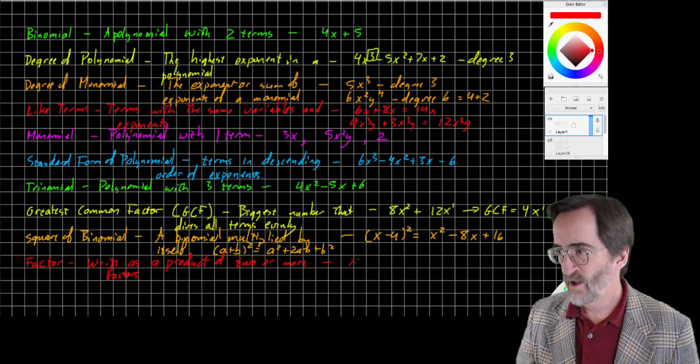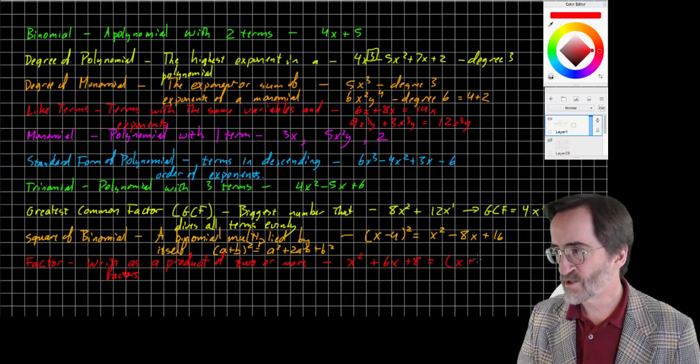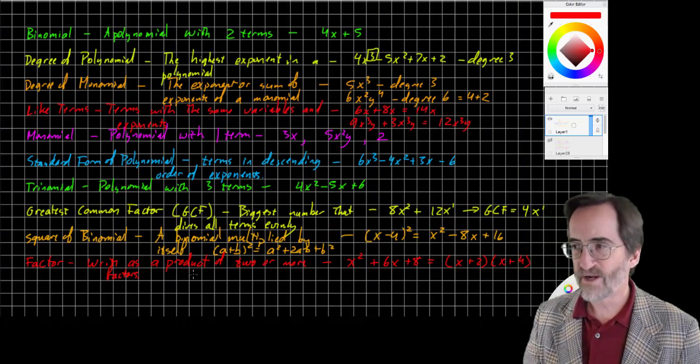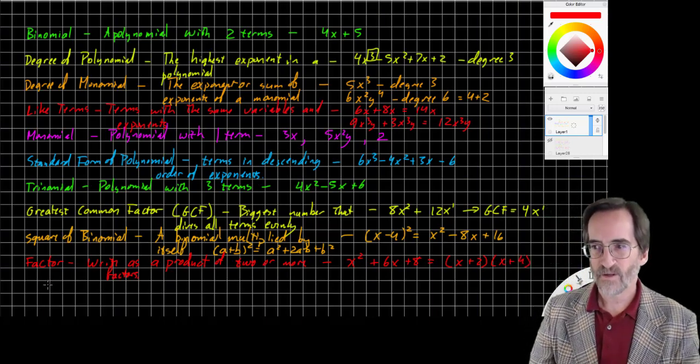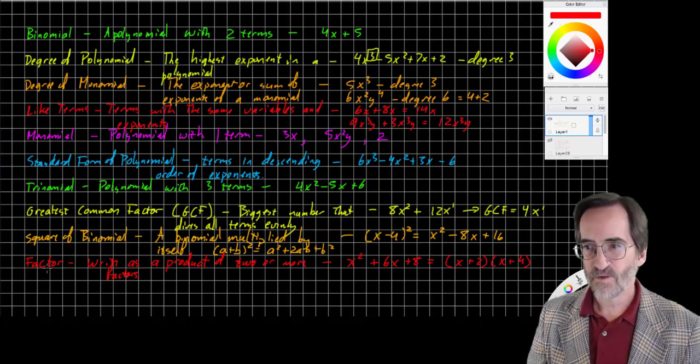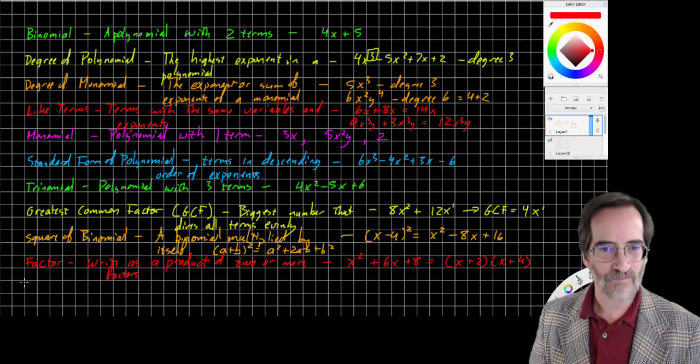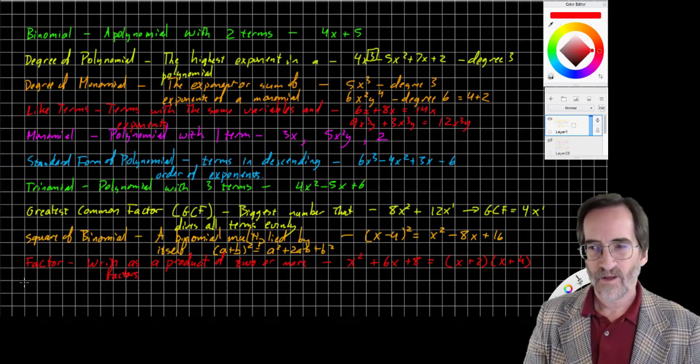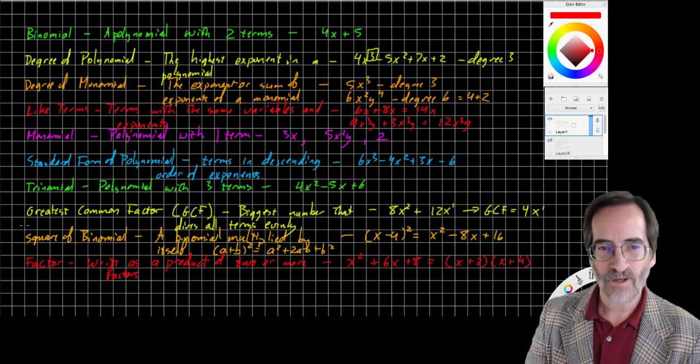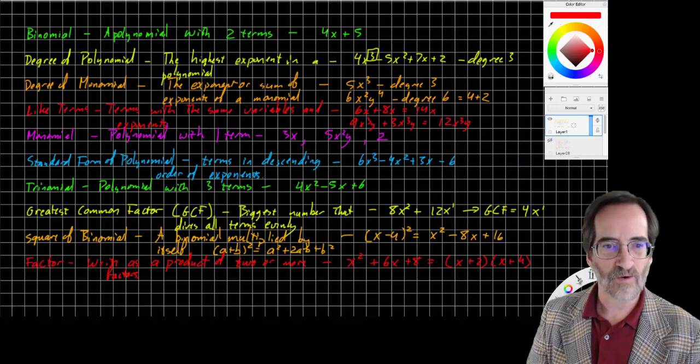Example, x squared plus 6x plus 8 factors to x plus 2, x plus 4. To factor is a verb and factors is a noun. Okay, and then trinomial and binomial we've already defined.